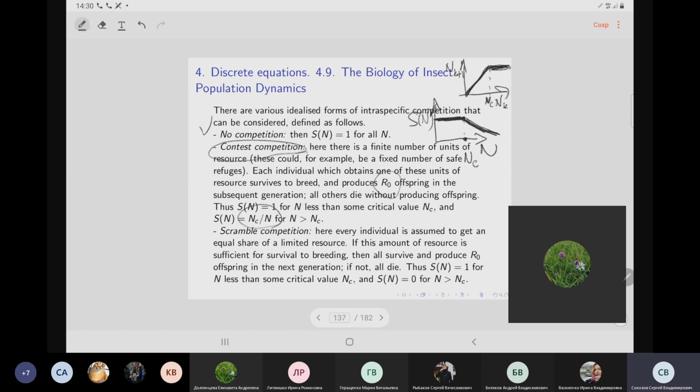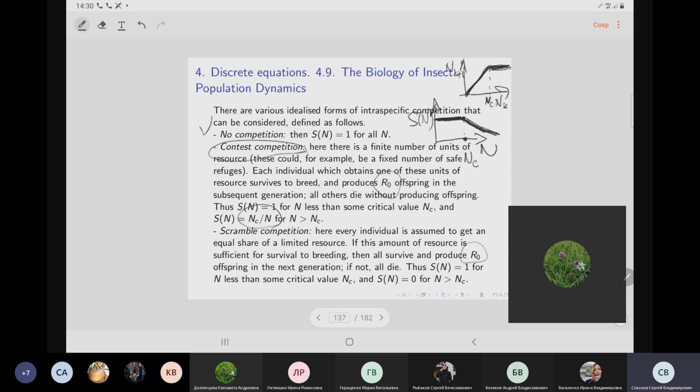That means that every individual has an equal share of limited resources. So far, if the resources amount is enough for survival, then all survive and produce R0. If not, all of them die.